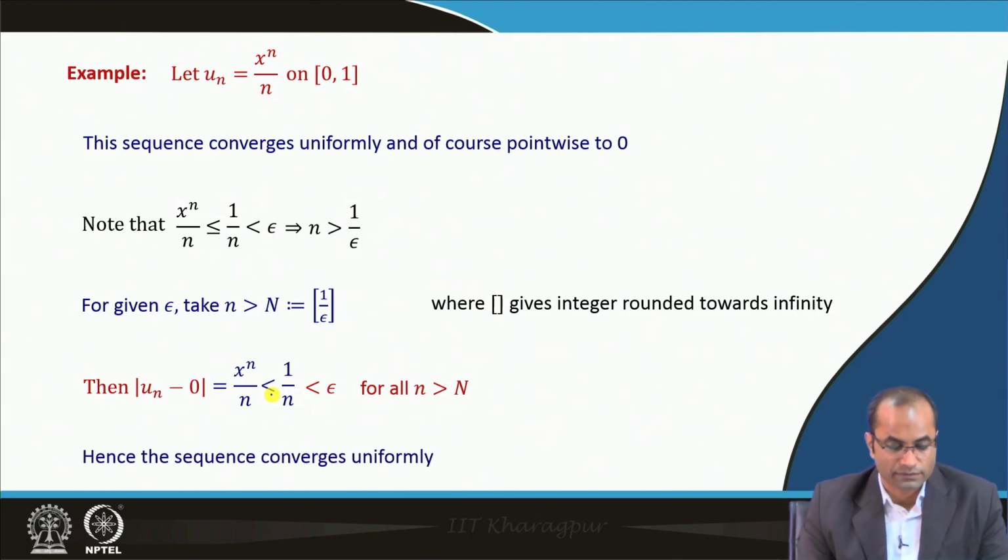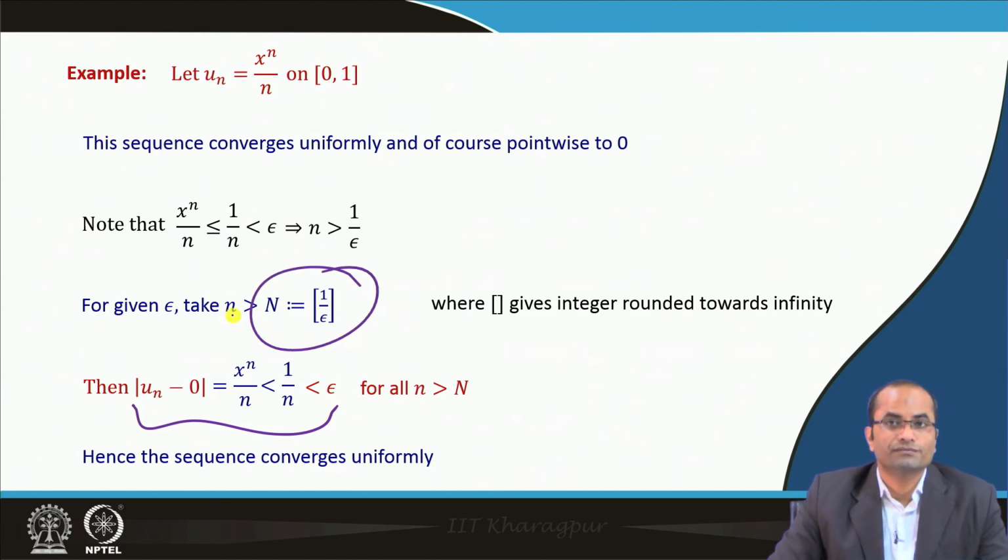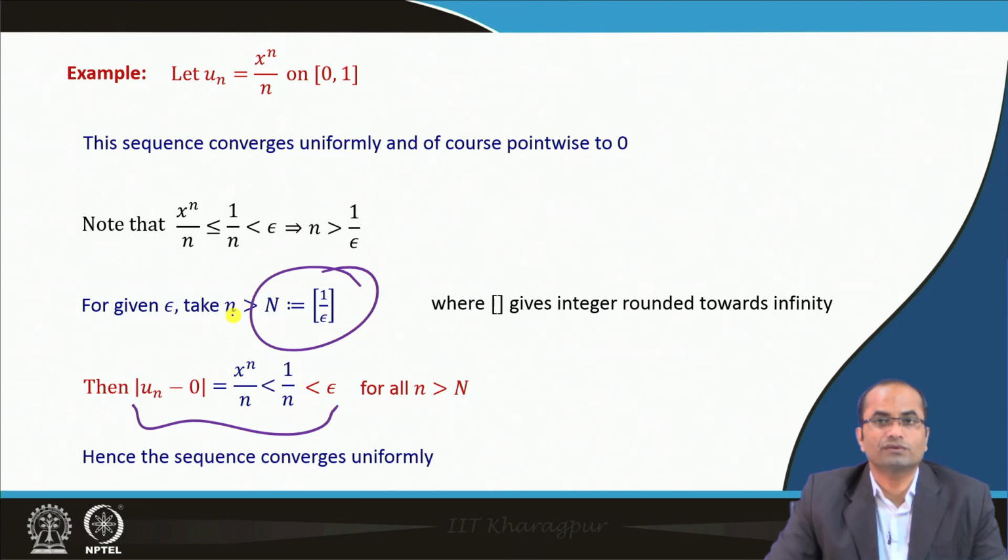So, we have the uniform convergence in this case, because we are able to find this N which is free from x, it depends only on epsilon. So, in this case the sequence converges uniformly.